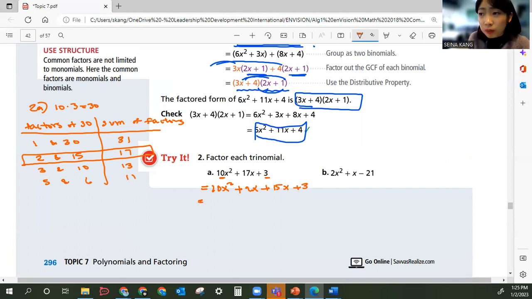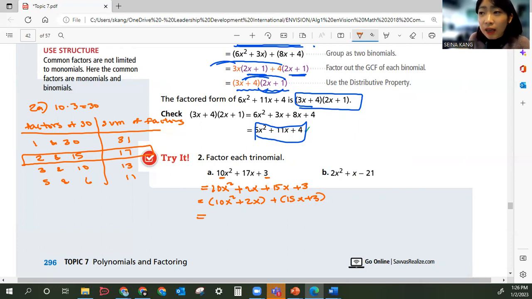And then we're going to group them: 10x squared plus 2x, plus 15x plus 3. Some of you might wonder, what if I wrote 15x first and 2x second? That's okay. At the end, your factors are still going to be the same, okay? It's fine. Make sure you just factor it correctly.